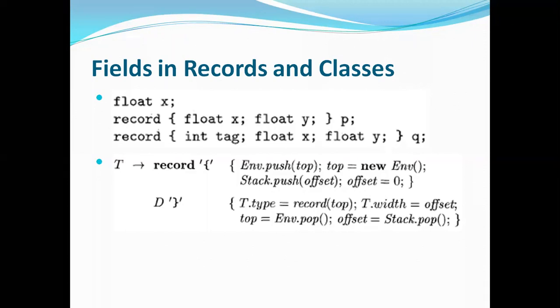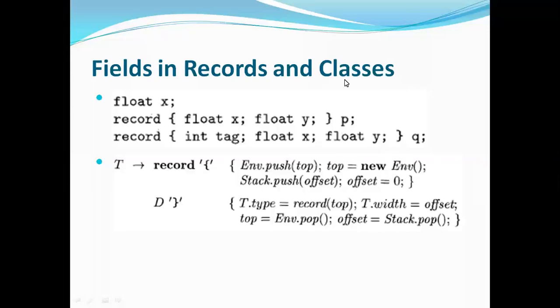Records and classes, these two are the constructed data types. And by taking an example, float x, float is a basic data type, right? Float x, record, float x, semicolon, float y. And this is a constructed data type, and after implementing the record data type, the value is to be stored in P.